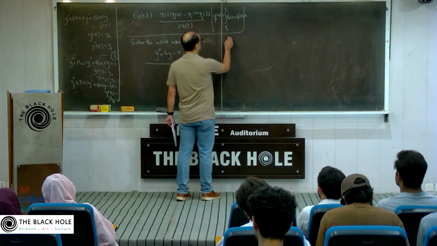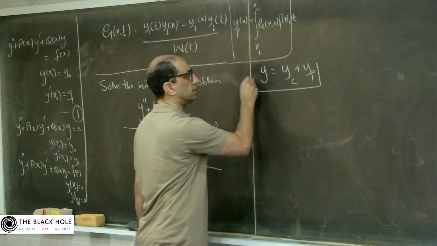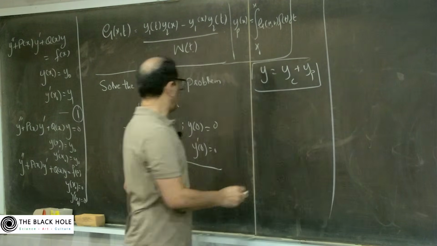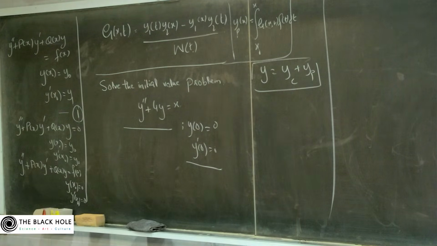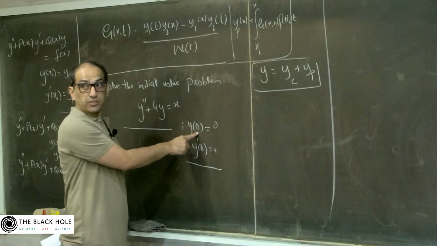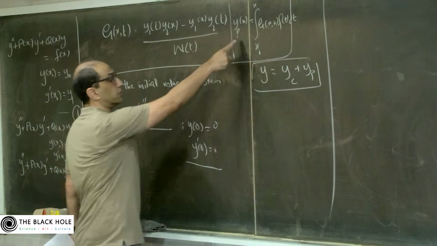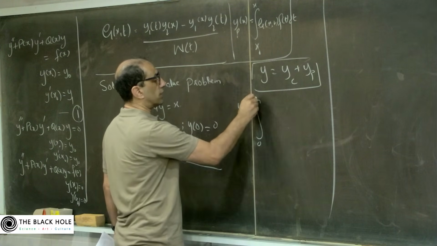So it should comprise of two parts, this and this, where your yp is given by this, and immediately you can recognize that over here the x naught is 0. So I can write that my yp is equal to the integral from 0 to x.